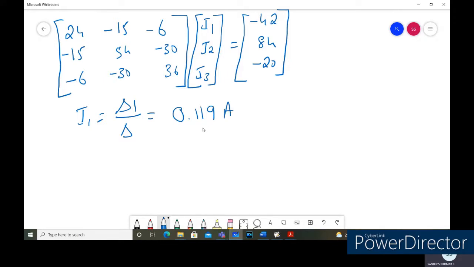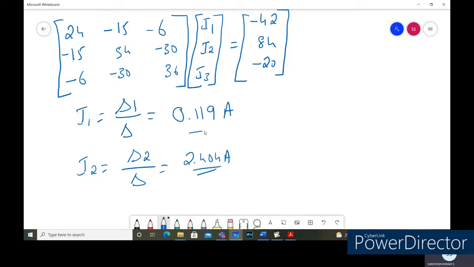The value for I2 is delta 2 divided by delta, where delta 2 is obtained by replacing the column with the voltage values, and we get I2 as 2.04 amperes.